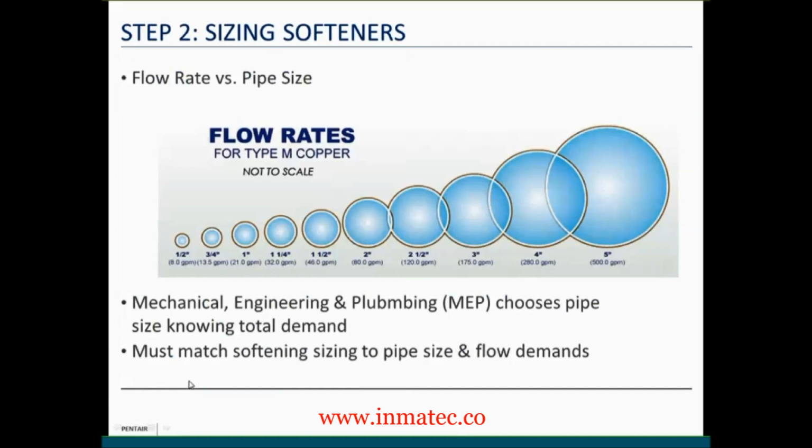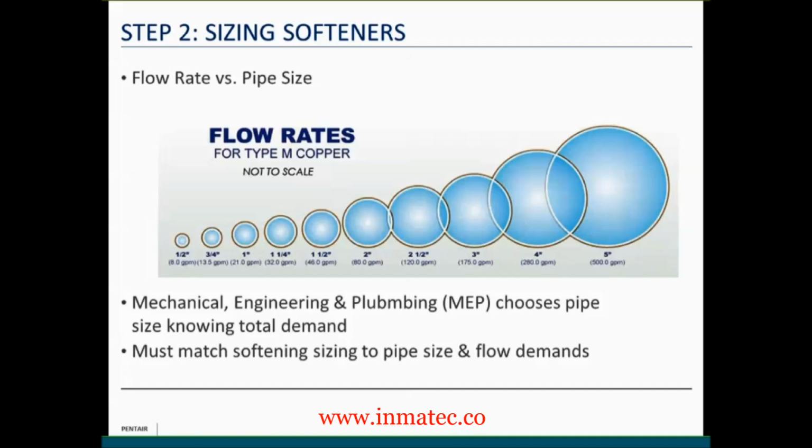Sizing softeners, flow rate versus pipe size. Mechanical engineering and plumbing companies typically choose the pipe size knowing the total demand of a store. So they understand that and they design the plumbing to handle that flow. Well, the plumbing size must match the softening pipe size so that we do not impact flow rate and pressures being delivered to all the equipment.